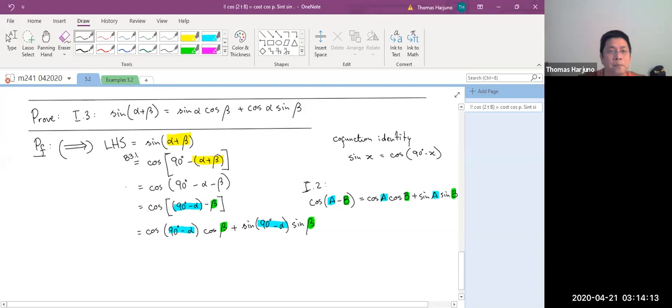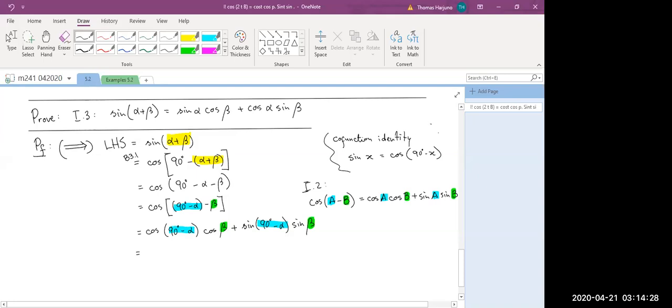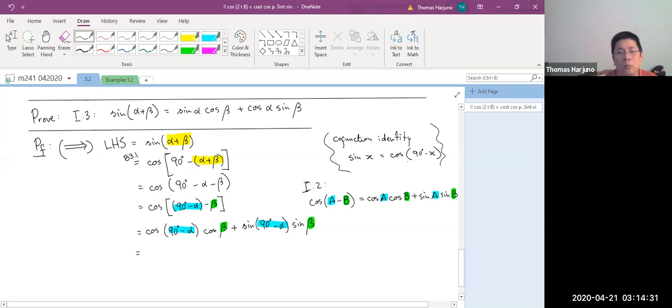One last step. This is equal to, what is cosine 90 degrees minus alpha? Zero. No, sine x, that's sine x. You see, I just touched that cofunction identity. So sine alpha in this case, cosine beta, plus what is sine 90 degrees minus alpha?